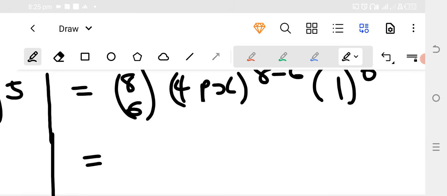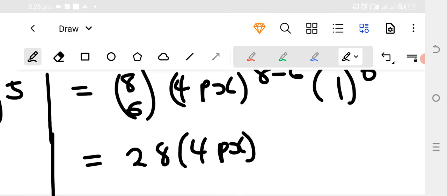And 8 combination 6 is 28, and then we have 4px to the power 8 minus 6, which is 2, times 1.